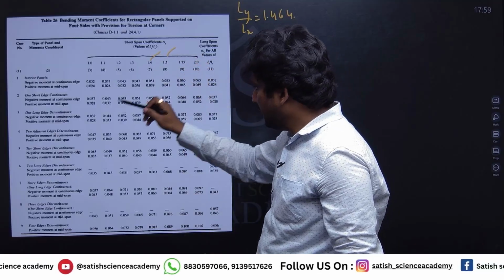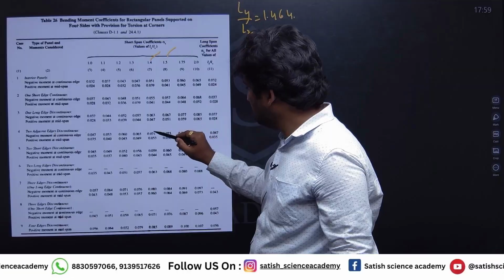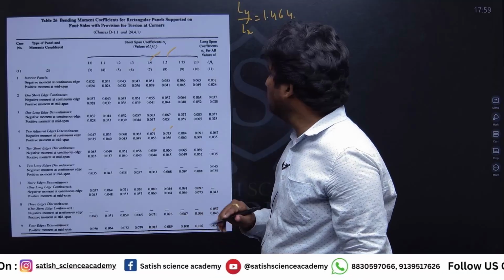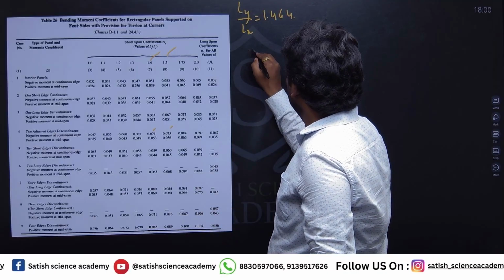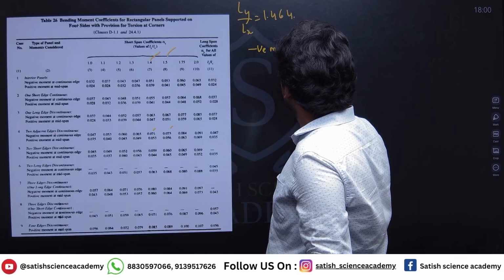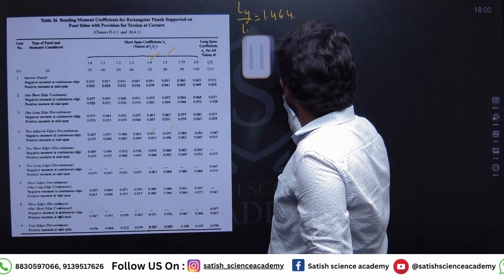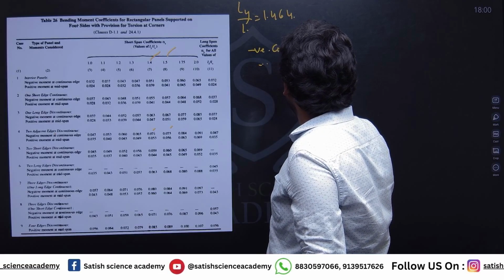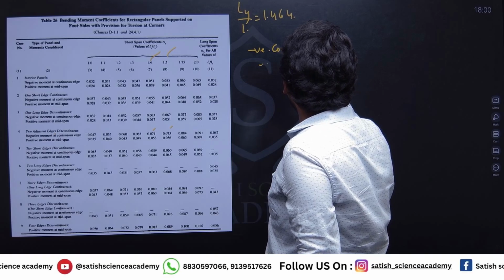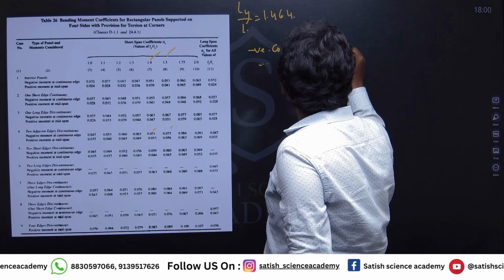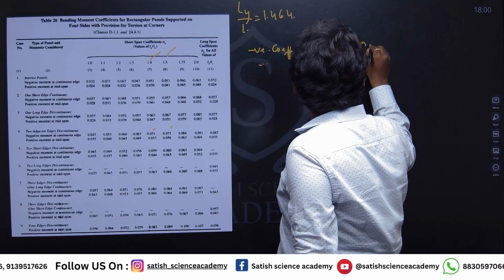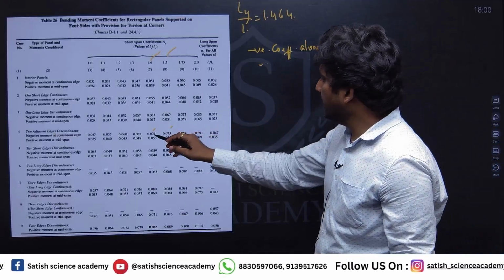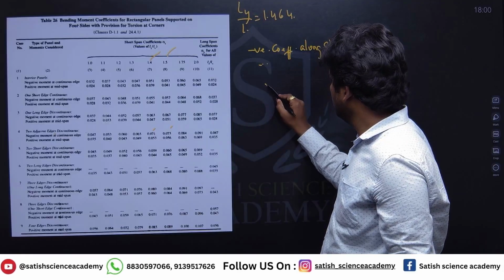And for two edges discontinuous, these two conditions will come. So between these two you have to calculate. First step is negative coefficient along short span. Negative coefficient along short span is between these two factors.